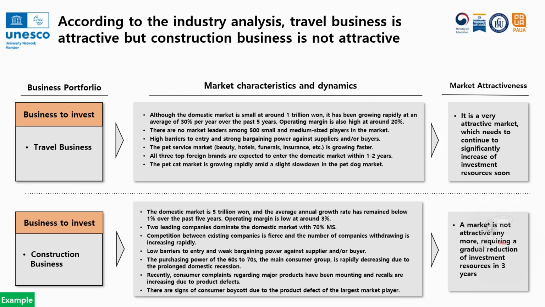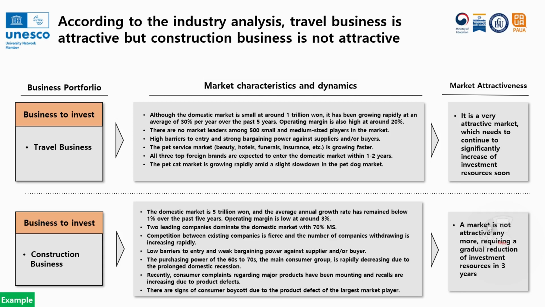But on the contrary, if you look at the analysis of the construction business, which is assessed as not very attractive, the size of the domestic market is 5 trillion won. Okay, it's very big.